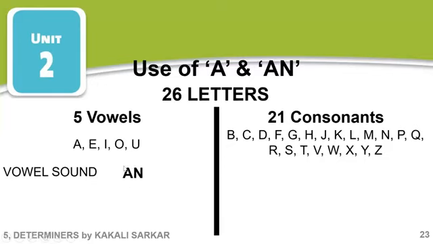So three things you have to remember: whether the word starts with a vowel, that is A, E, I, O, U; whether, while we are pronouncing it, it has a vowel sound; and whether the noun is a singular one. These three things you will have to remember while using an before a word.